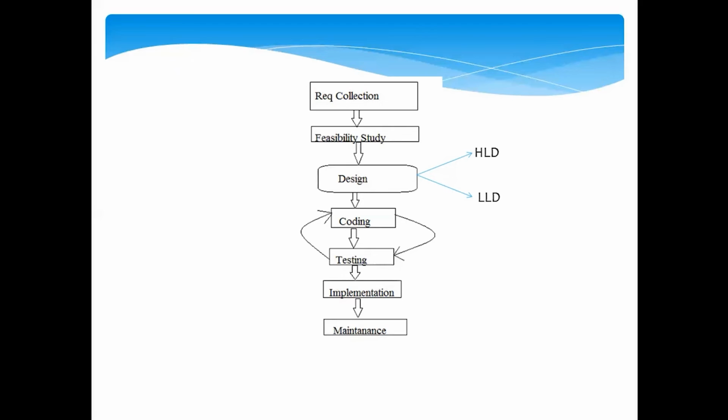The first advantage I can say is that it is a sequential process, so there is no chance of a communication gap. We collect the requirements, the feasibility is done, then we design whatever we understand, code it, test it, and develop. It happens sequentially, one by one. So the communication gap between the teams can be avoided with the waterfall model.